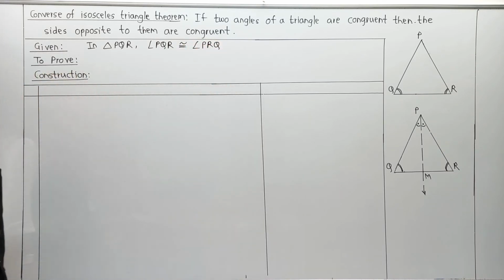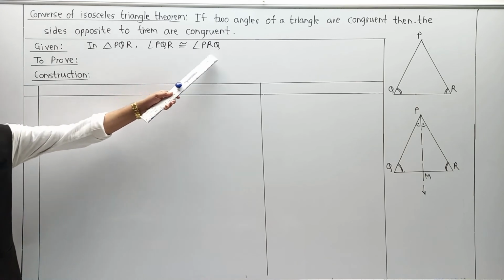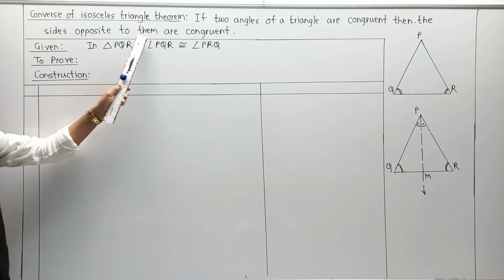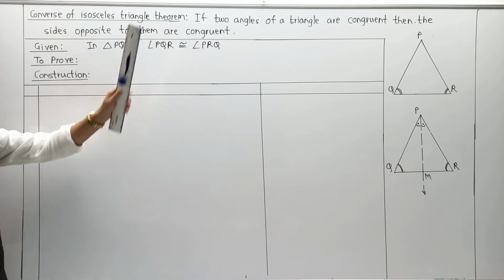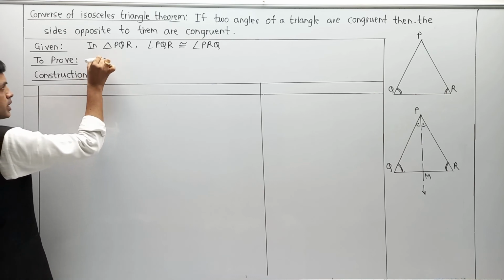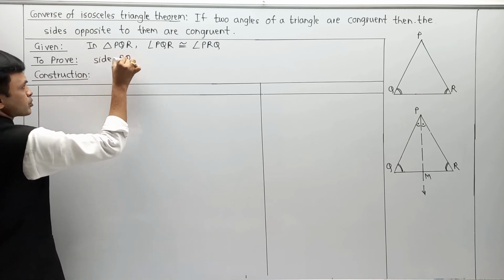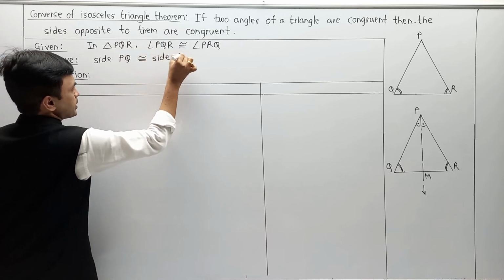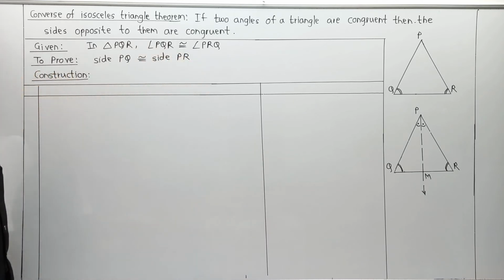This is nothing but given. Next, we have to prove that the sides opposite to them are congruent. Naturally, we have to prove side PQ is congruent to side PR. That part we have to prove.